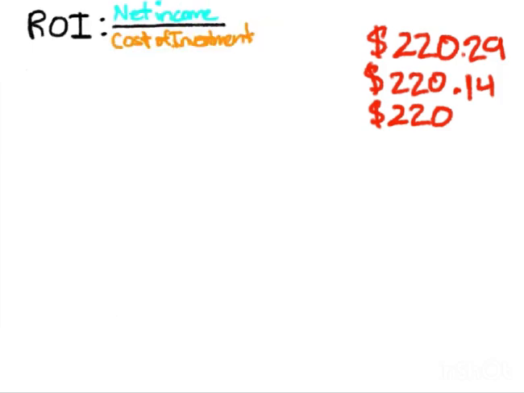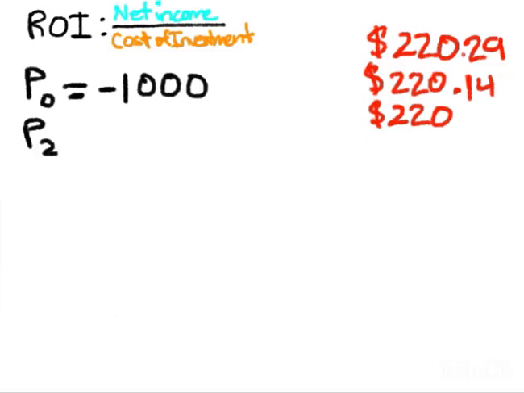Okay, now, say for example, you have a friend and you're investing 1,000 for your friend because they're trying to set up their own business. And then basically what they're saying to you is that they will be giving you, after 2 years, $1,230.